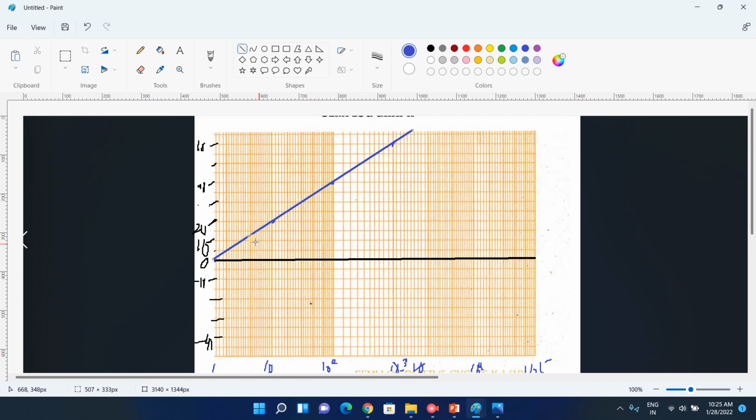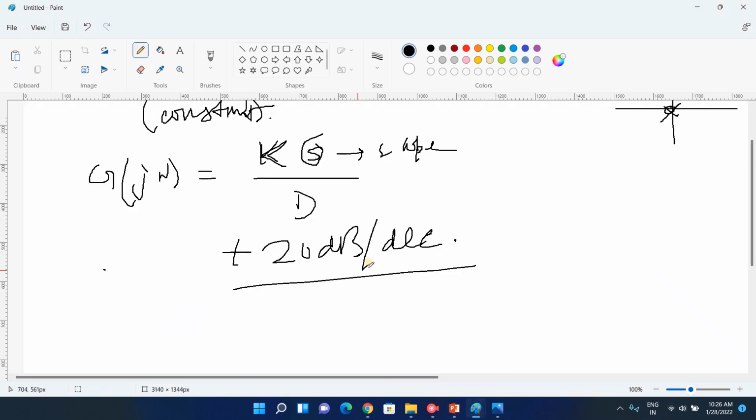So you will draw a straight line. This line is 20 decibel per decade. This is for the numerator.